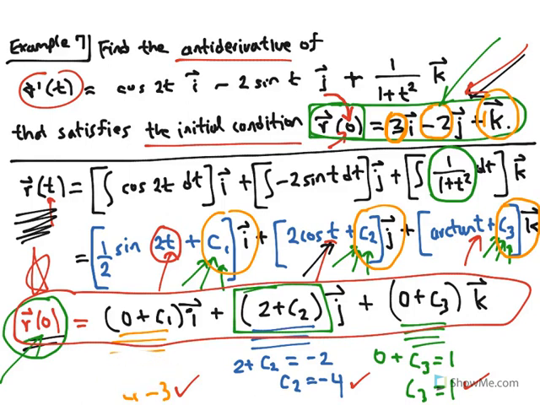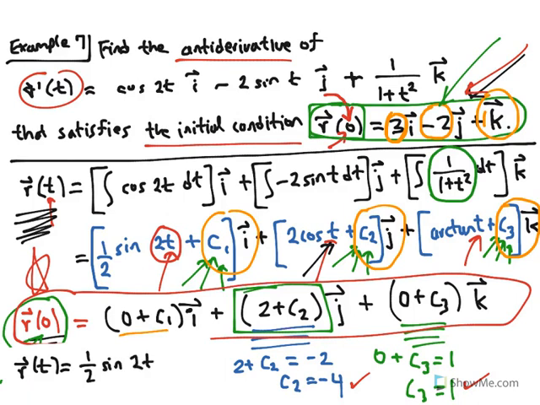So remember that c sub 1 is 3, so now I'm writing r of t, that's equal to 1/2 times sine of 2t plus c sub 1, which we found to be 3.